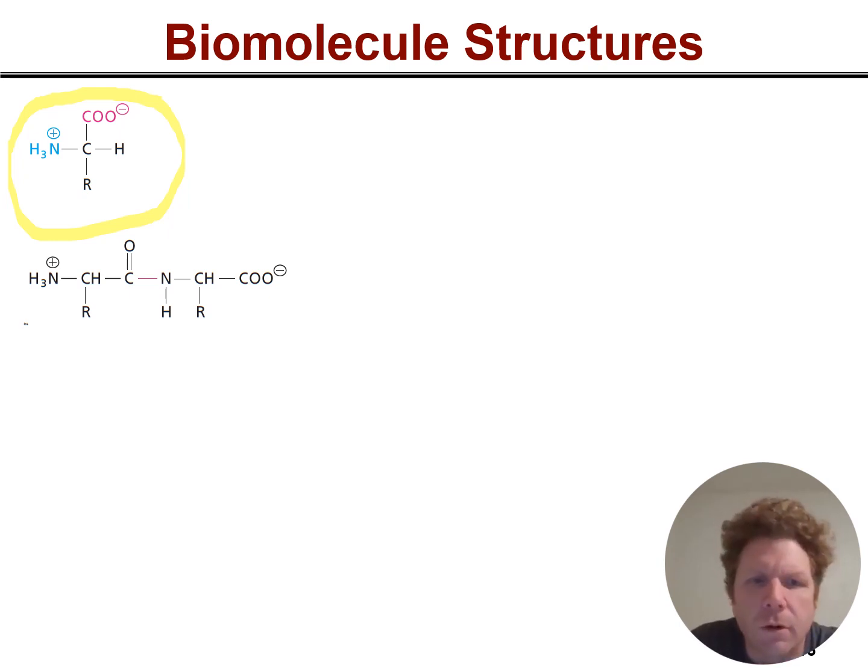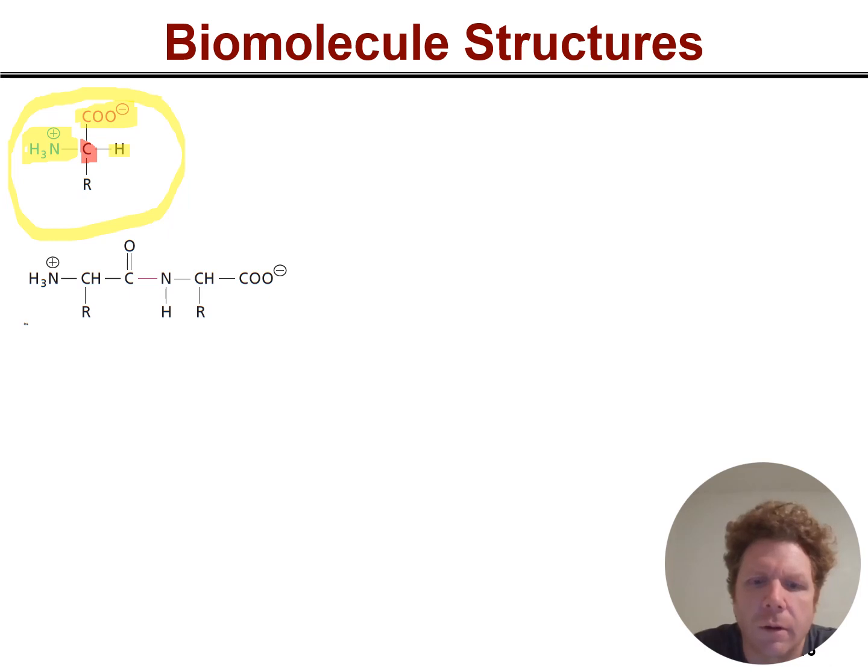That term we're going to dig deeper into later on, but I want you to know at this point we've got an amino group and a carboxylic acid group, hence amino acid. So every single amino acid is going to have that. Every single amino acid is also going to have a singular hydrogen coming off of a central carbon. This central carbon is known as your alpha carbon.